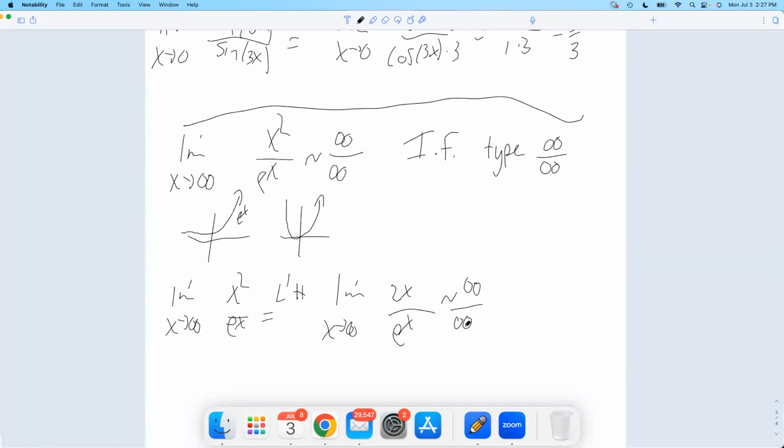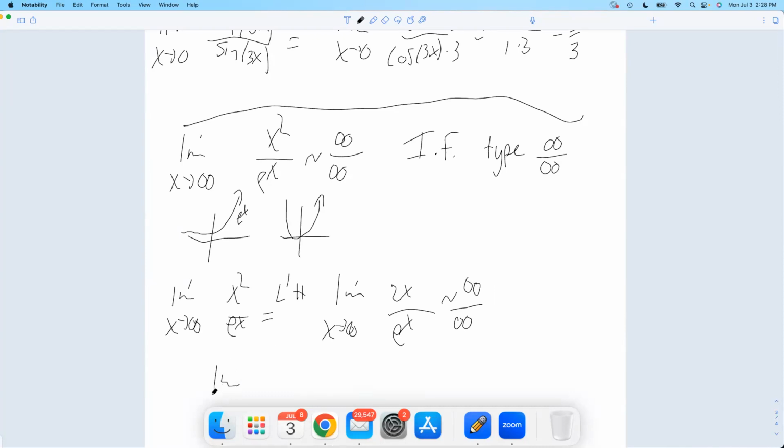I'm allowed to use L'Hopital's more than once, provided I get an answer at the end, provided I get just a number at the end. I'm allowed to use L'Hopital's over and over again as long as I have an indeterminate form of either 0 over 0 or infinity over infinity. So we're going to try again. We're going to keep going.